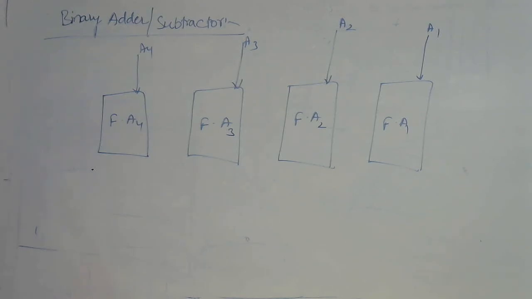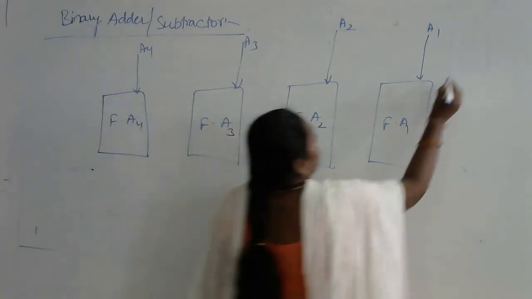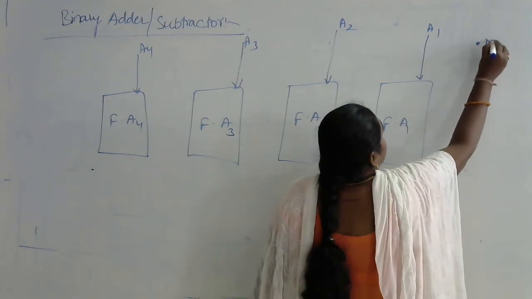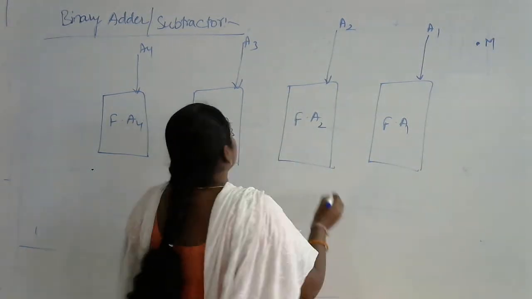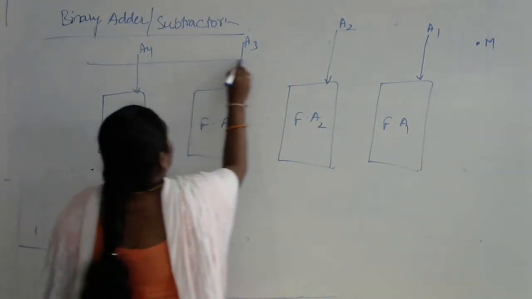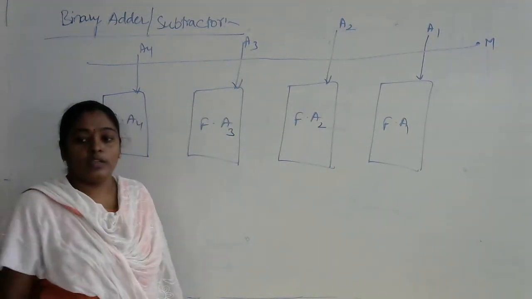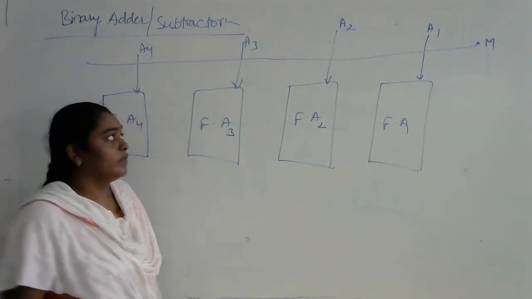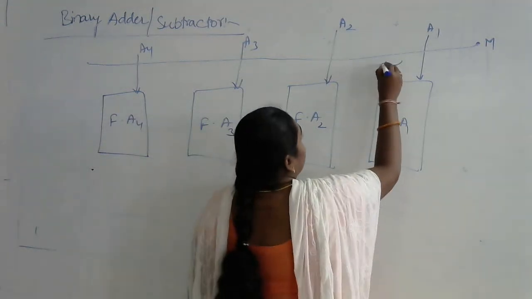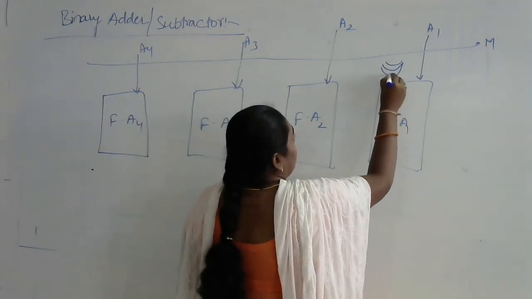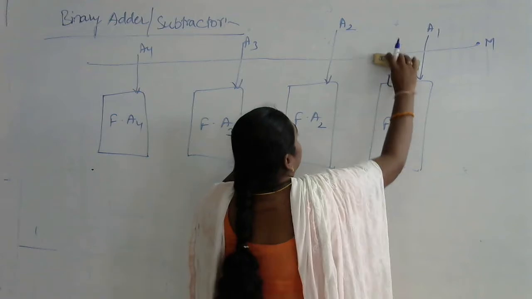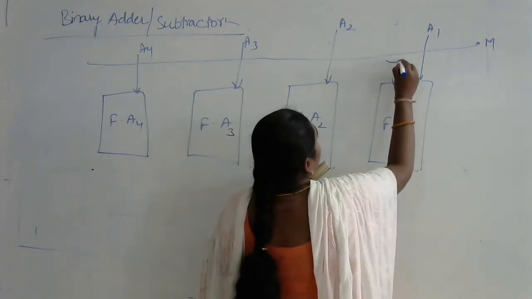Coming to the B, here we are making use of a control signal, which is M. This control signal is connected to all the lines. So for each B we need to draw an XOR gate. This XOR gate consists of two inputs.